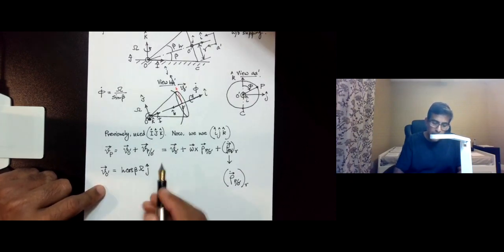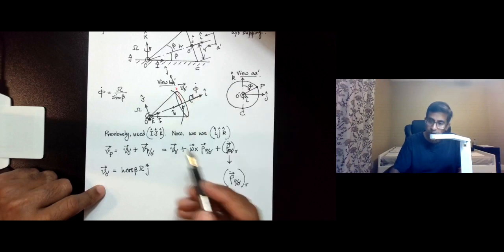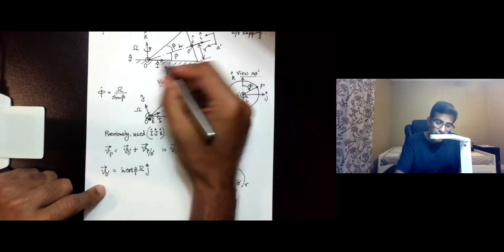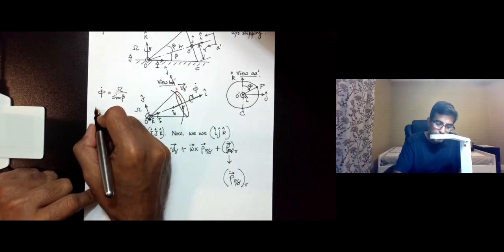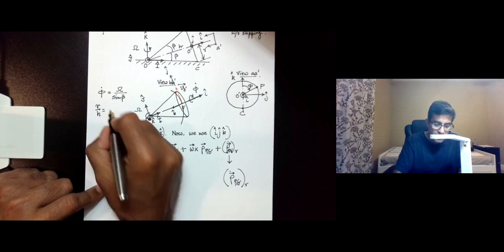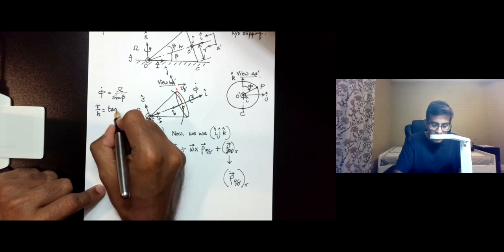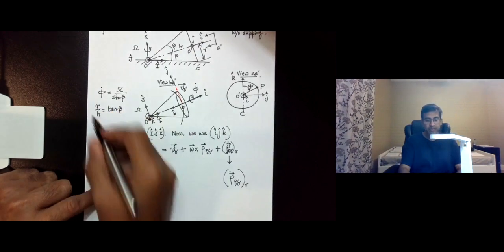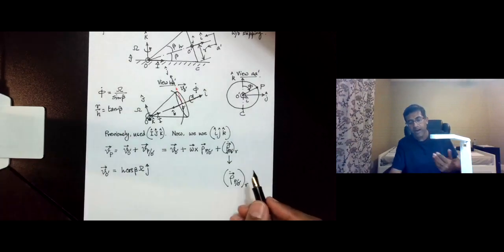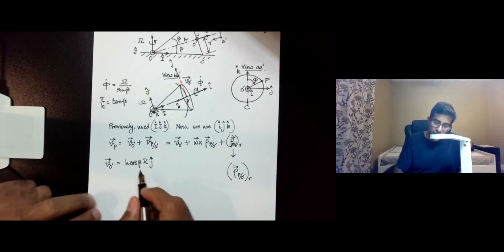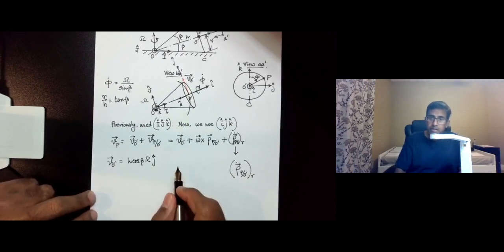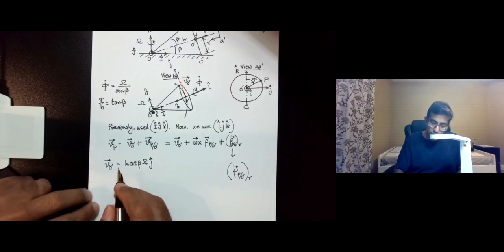And by the way, we can always express h as r divided by h is equal to tan beta. So this relates r and h. If you are given r and beta, you can find h. If you are given h and beta, you can find r, and so on. So that's V O prime.